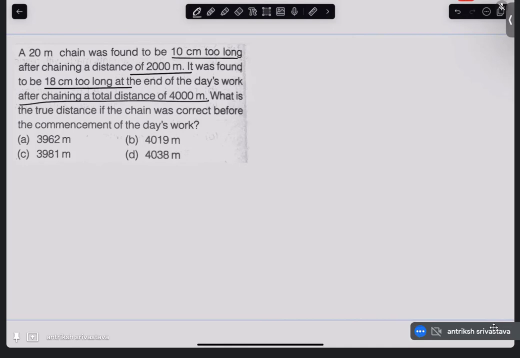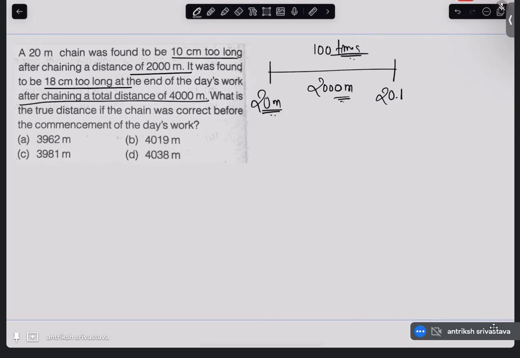So what this question is telling us is that in the starting of the day, the chain length was correct, 20 meters. After chaining a 2000 meter distance according to the chain, that means after laying down the chain for 100 times, we found that the chain length was 20.1 meters.